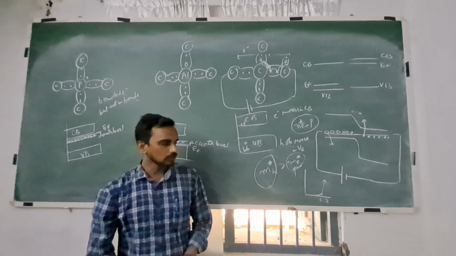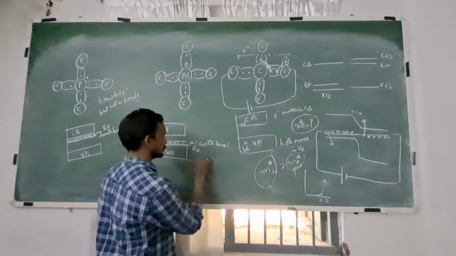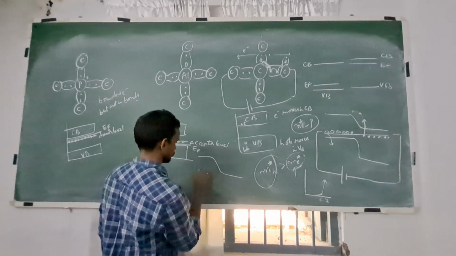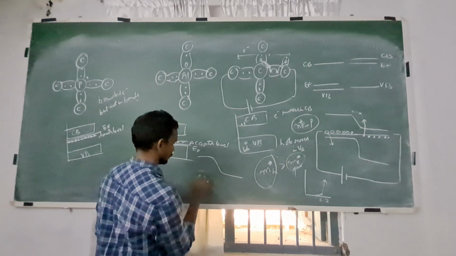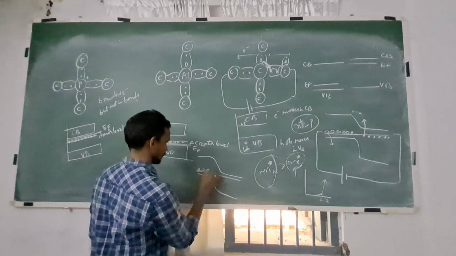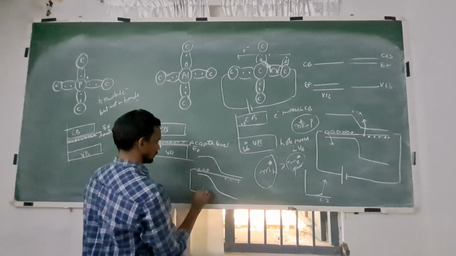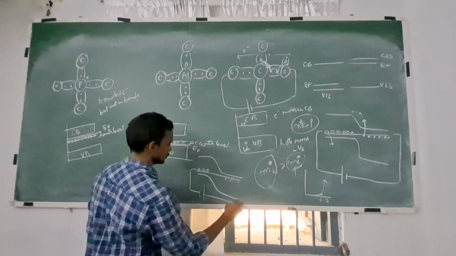Okay, what about reverse bias? I am trying to give a reverse bias to this. I am giving negative potential on the P side and positive potential on the N side.